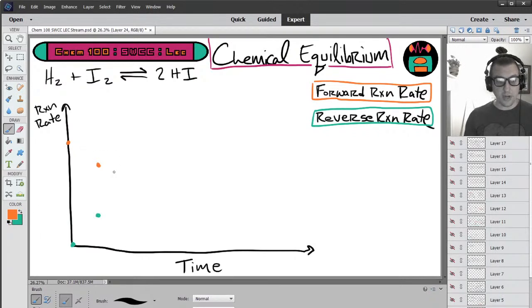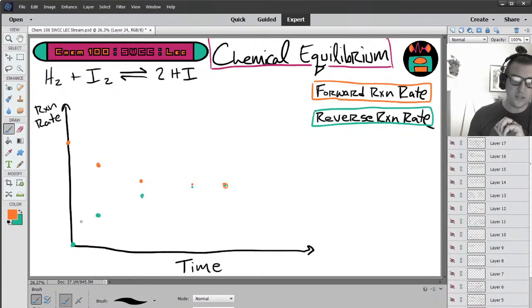If you let a little bit more time go, the concentration of H2 and I2 continues to fall as it becomes hydroiodic acid, and the concentration of hydroiodic acid continues to rise. And now you can see what's happening with this trend. This is going to continue, where the forward reaction rate continues to fall and the reverse reaction rate continues to rise until that magic moment when the two are the same.